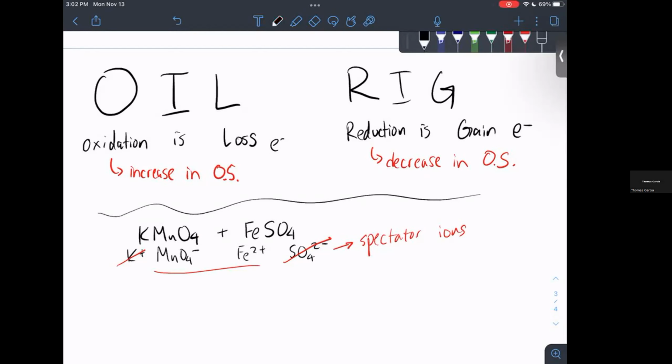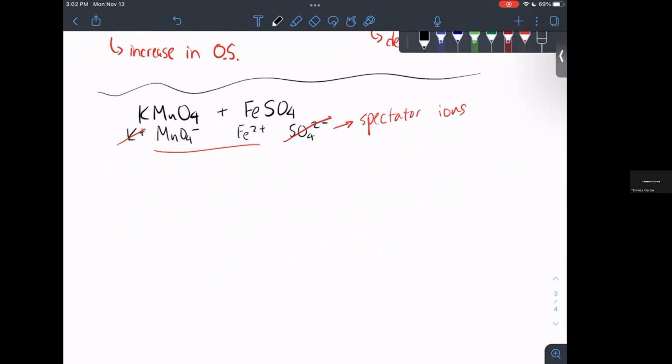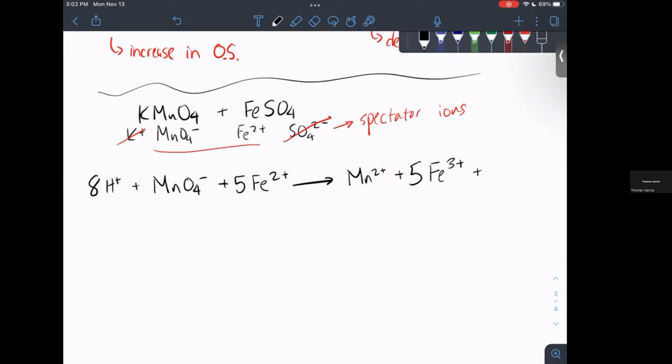Anyways, to the equation. We found that the equation for this was 8H plus, MnO4 minus, plus 5Fe2 plus reacts to form Mn2 plus, 5Fe3 plus, 4H2O.